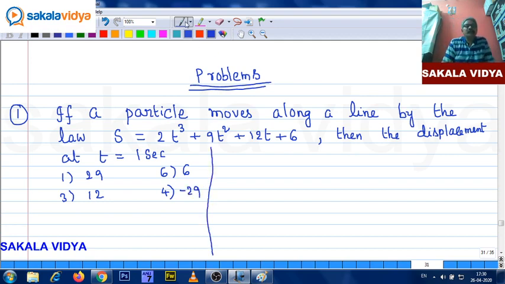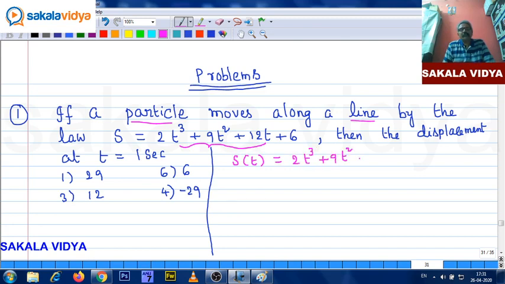Okay, now a particle moves along a line. By this law equation, we need to find out the displacement at t is equal to 1 second. Displacement means this s of t function given, 2t cube plus 9t square plus 12t plus 6. So we need to find out s at t is equal to 1 second.